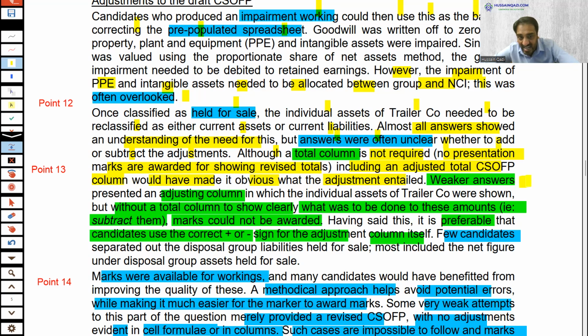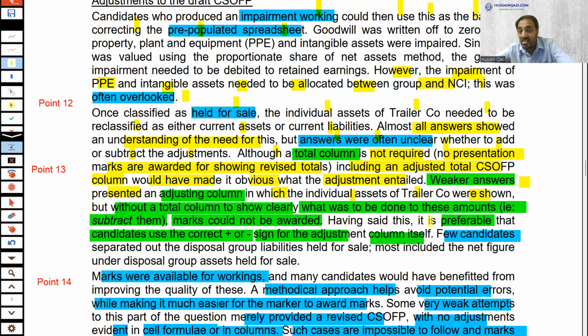Another point: a weaker answer presented an adjusting column in which the individual assets of the trailer were shown, but without a total column to show clearly what was to be done to these amounts, that is, subtract them, so marks could not be awarded. You just mention the total column, but your working is not properly presentable.